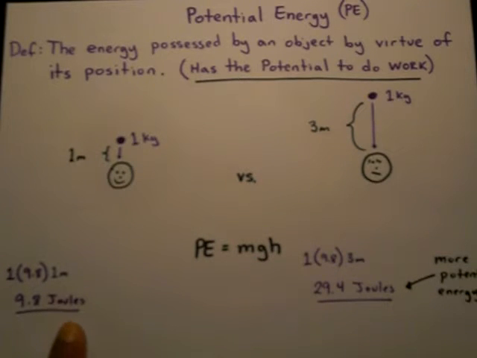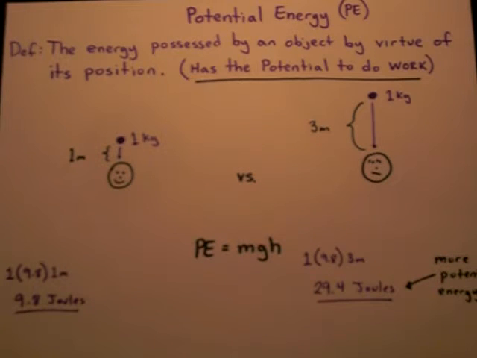In this case, we have the 1 kilogram object, gravity, which is 9.8 meters per second squared, and the height, which is in case 1 meter above his head. We have 9.8 joules of energy that is potentially going to be done on him.